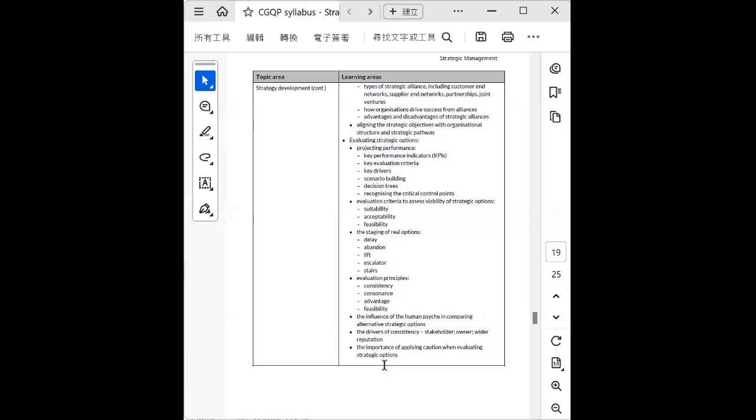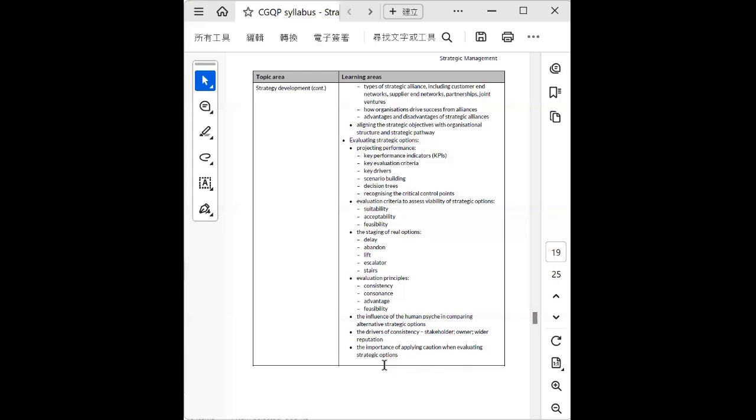Advantage assesses the potential benefits and the competitive edge offered by the strategies. Feasibility examines the practicality and resource requirements. The human psyche influences decision-making through bias, emotion, and perceptions.